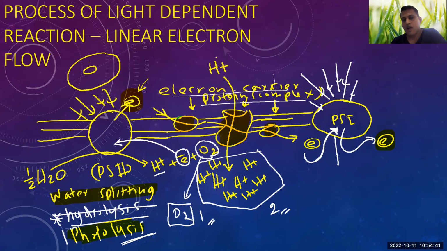Like the stroma has fewer protons, inside has more protons. The energy is now in this place. Electron energy is transferred to increase the hydrogen ion concentration inside. So energy is with the hydrogen ions now.